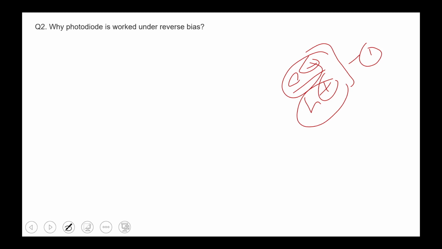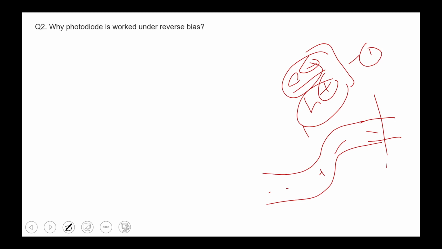Will the depletion width increase or the barrier height? What happens in that case?